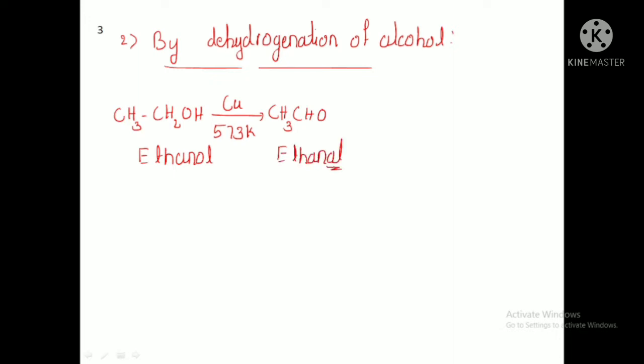So see, the suffix -al is used for aldehydes. If I take a secondary alcohol, R CH(OH) R dash, a general example, and treat it with copper at 573 Kelvin temperature, I will get R C double bond O R dash, that is a ketone.